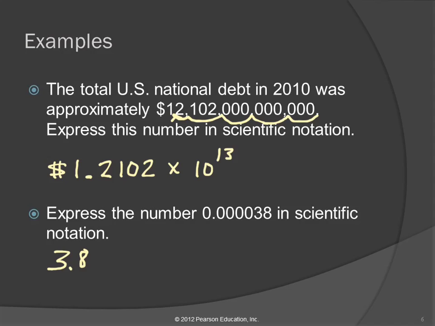So we'll write that down. Times 10 to the. So 1, 2, 3, 4, 5. The exponent is 5. Positive or negative? Negative. Big number, positive exponent, small number, negative exponent. Okay? Questions?